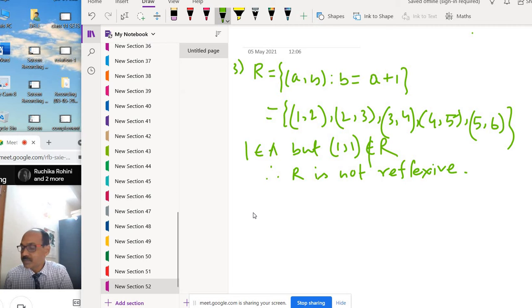Okay? Then is it symmetric or not. Take the first element (1, 2). This belongs to R. It is present. See, the first one is (1, 2). The relation (1, 2) belongs to R, but (2, 1) does not belong to R. See, (2, 1) is not there.